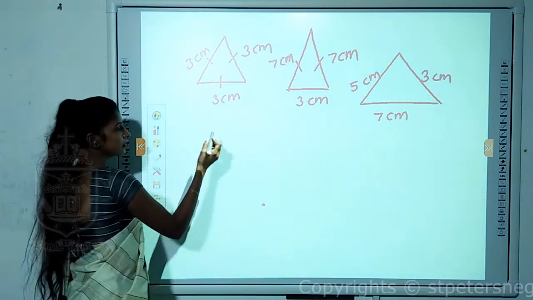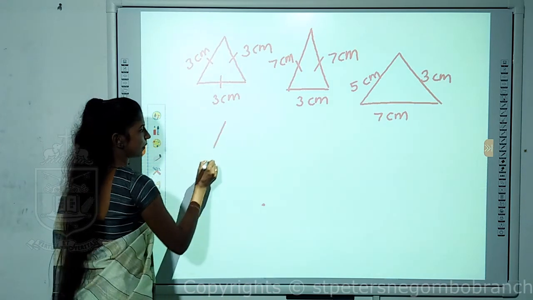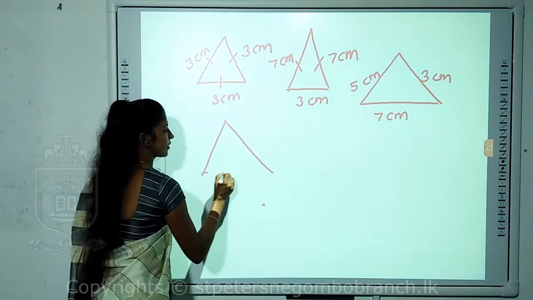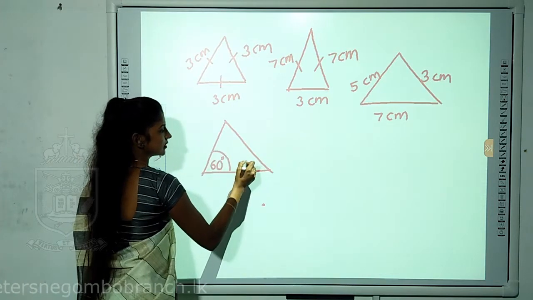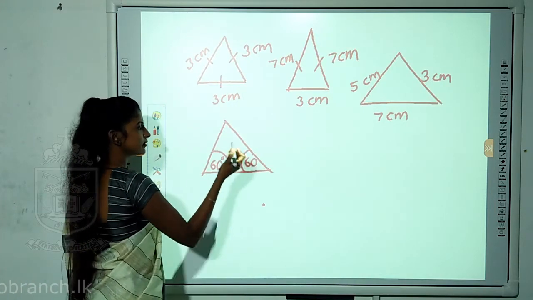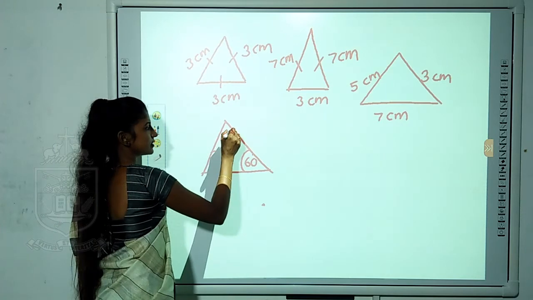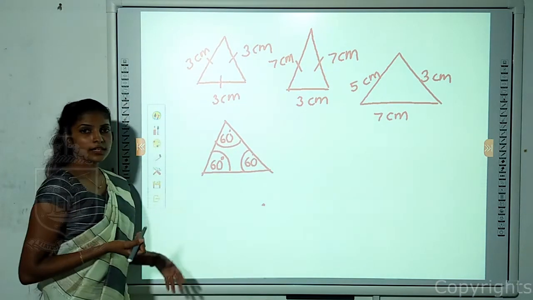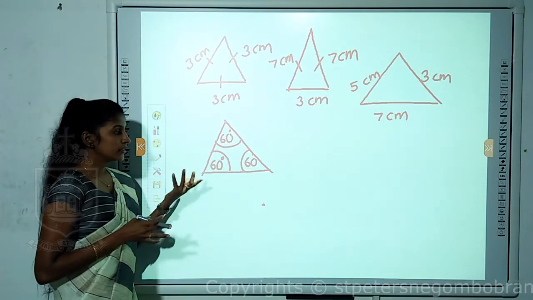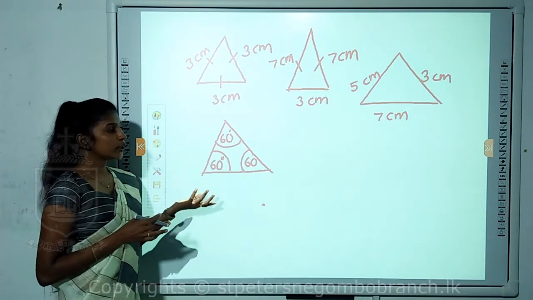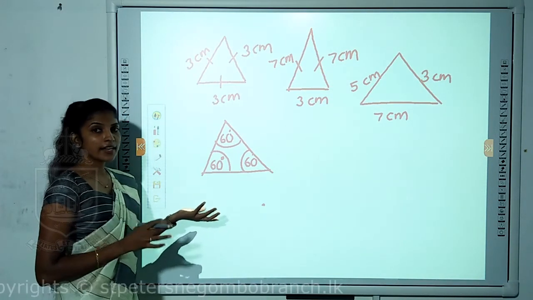Okay, next. Consider this triangle. 60 degrees, 60 degrees, and 60 degrees like this. So you all can see all three angles are equal. Consider that angle, right? All three are less than 90 degrees.